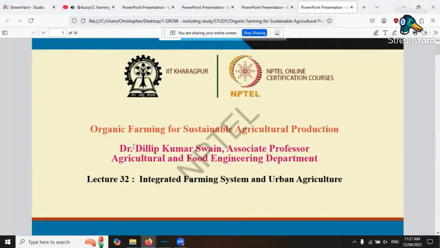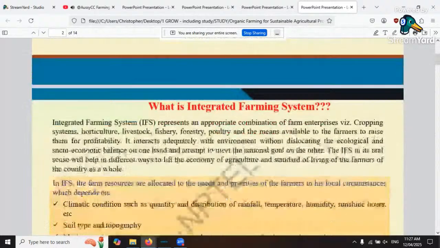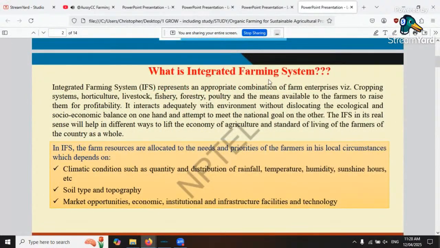Last one. Oh, here we go. Urban agriculture. I think this is pretty interesting. What are integrated farming systems? Well, they represent an appropriate combination of farm enterprises like cropping systems, horticulture, livestock, fishery, forestry, poultry, and the means available to the farmer to raise them for profitability.